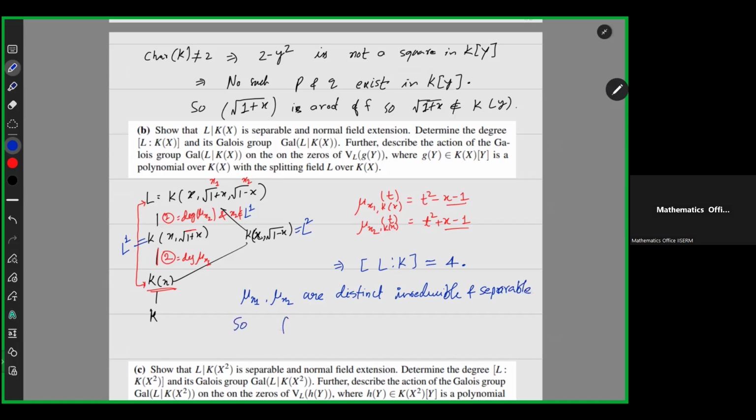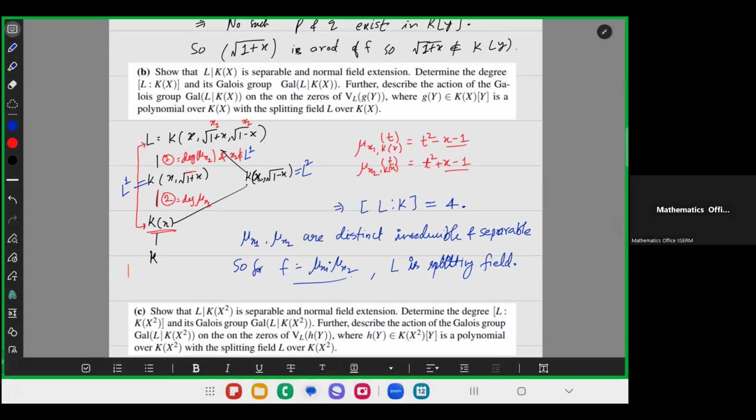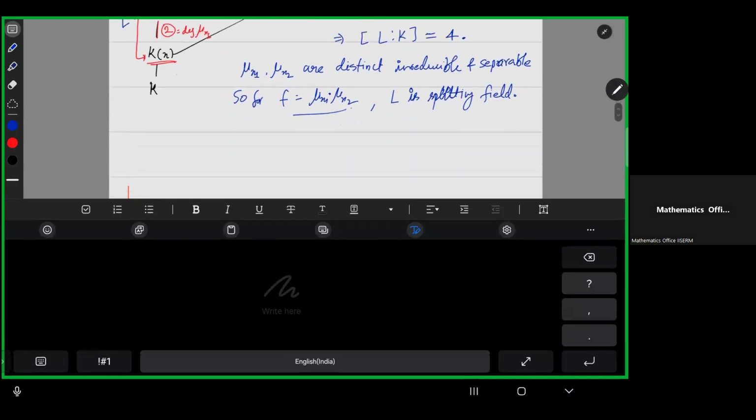So F is equal to mu x1 into mu x2. L is a splitting field. And whenever we have a splitting field for a separable polynomial, the thing is done almost.